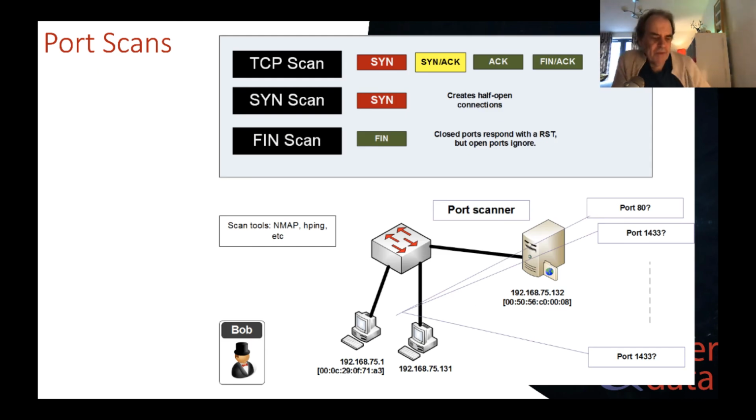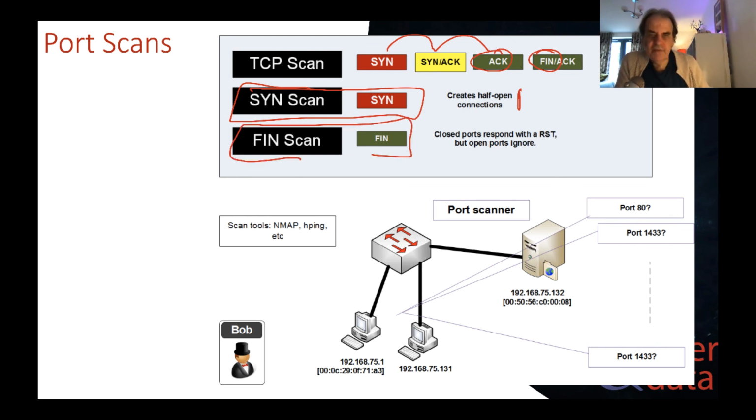So there are various types of port scans that can happen. There's a TCP scan where Nmap will reply back with an ACK and then close the connection with a FIN ACK. But we can also get a half-open connection where only the SYN is sent, and even though the server responds back with the SYN-ACK, Nmap doesn't reply back with the ACK.